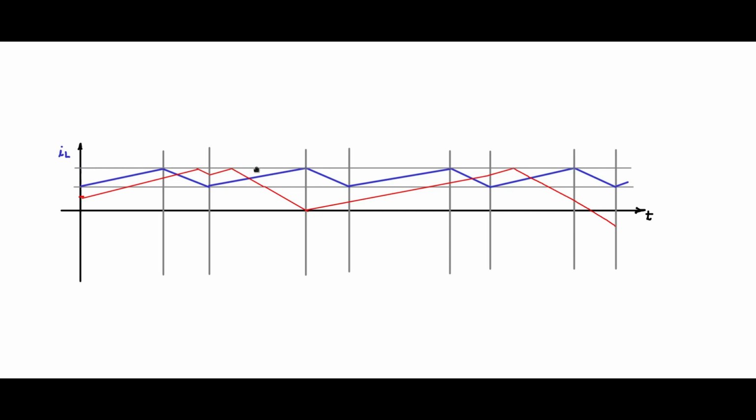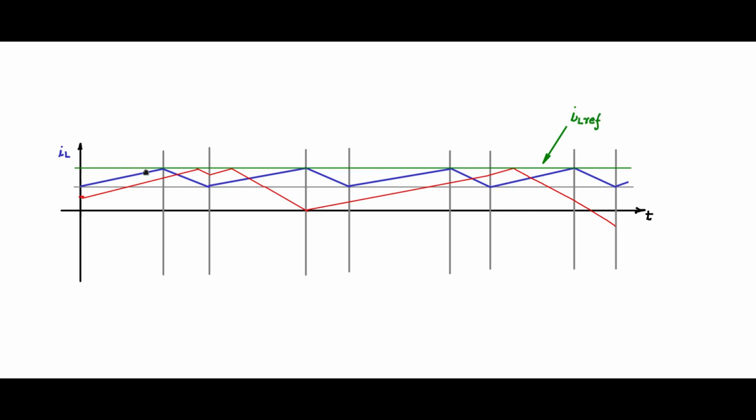Now this top line here, where the inductor current is comparing with that line, is the IL reference line. So let me highlight that with a different color and let me indicate that. So that is IL ref.